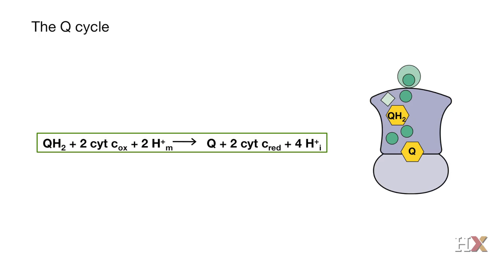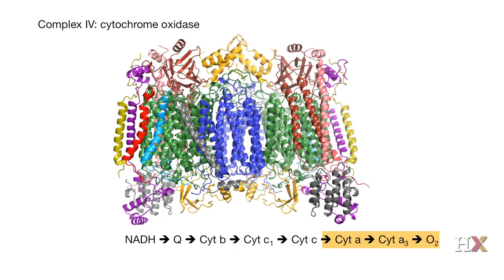What is now the structure and the function of complex 4? Well, complex 4 will transfer electrons from reduced cytochrome C to the final electron acceptor, oxygen, to form water. The structure that is presented here of complex 4 shows that complex 4 acts as a dimer.